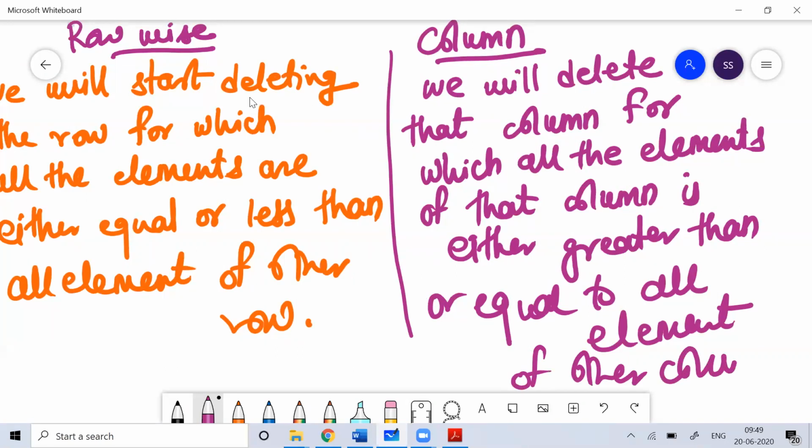So column wise also we will delete, but we'll delete that column for which all the elements are more than or equal to all the elements of the other column.